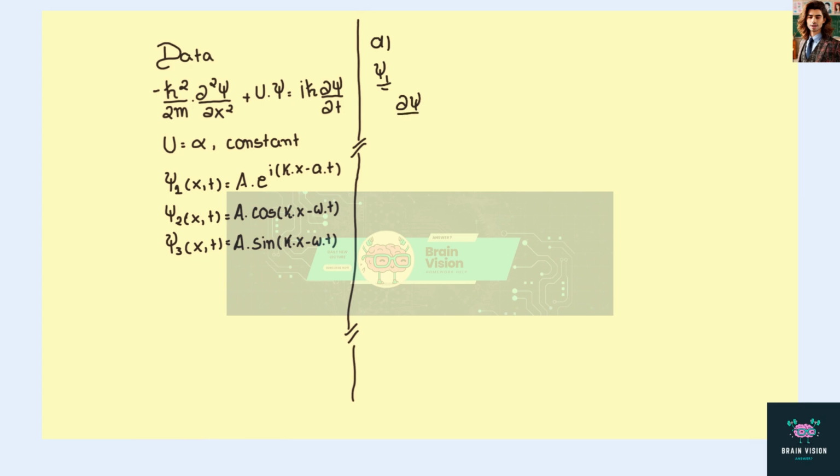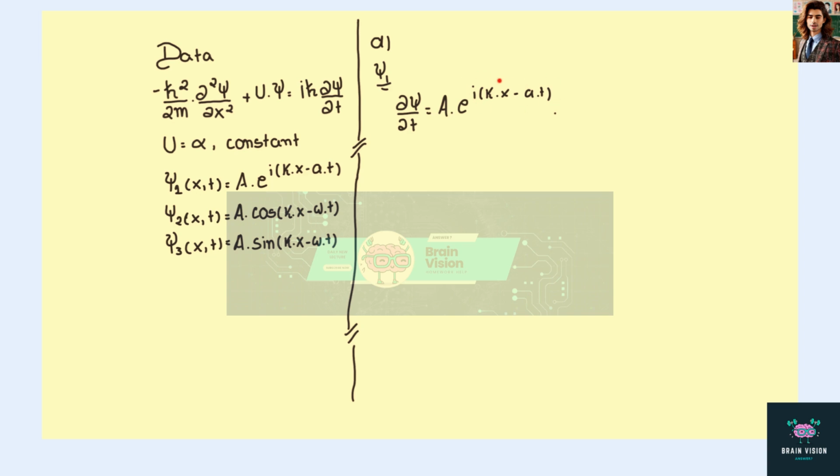The derivative of psi with respect to t is a, which is a constant, times the exponential, because the derivative of the exponential is itself, times the derivative of the argument of the exponential. So it multiplies the time derivative of i times k times x minus a times t.